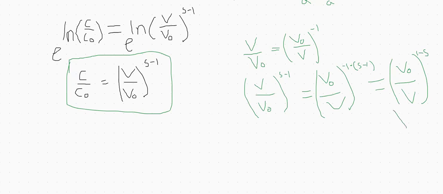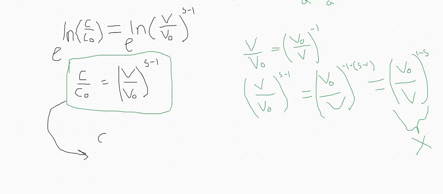The reason being is that this V naught over V is often written as X, or your concentration factor. So let's just do that, and we'll be all finished here.